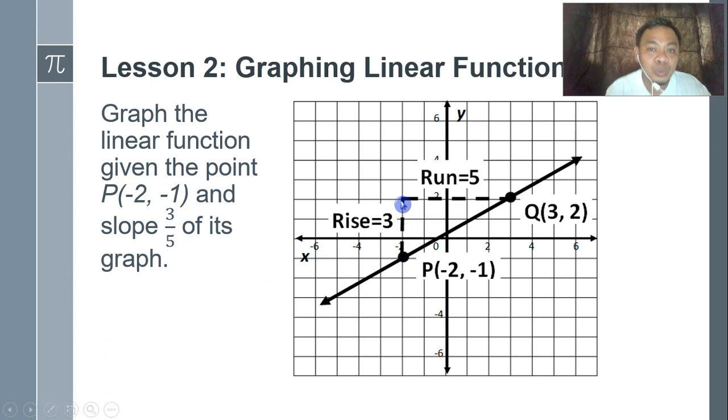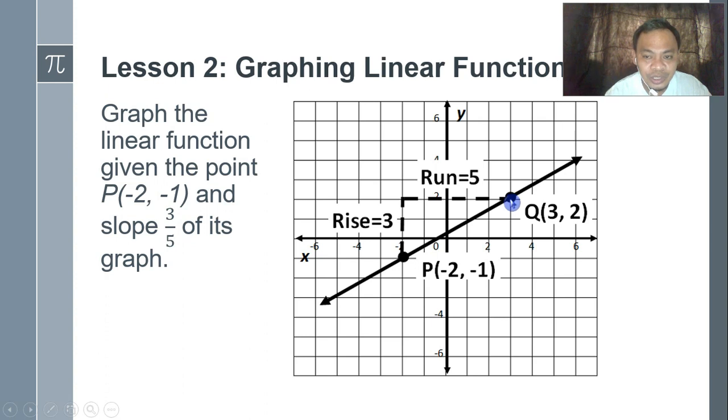Okay. Tapos, we have the value of run, which is positive 5. So, going to the right. So, from here, let's count 5 units going to the right. So, 1, 2, 3, 4, 5. So, this is our point Q. Okay? The second point.